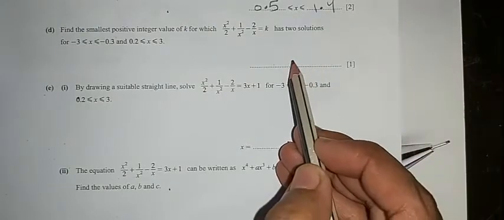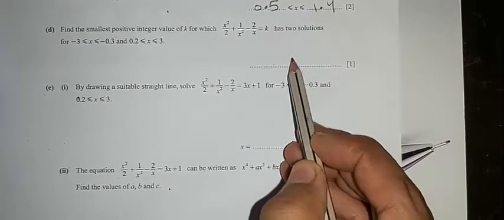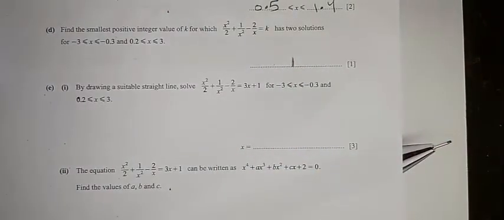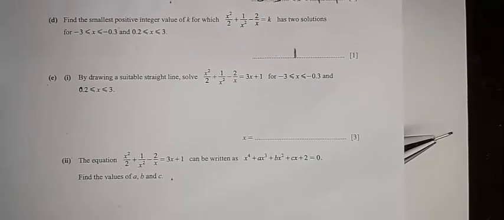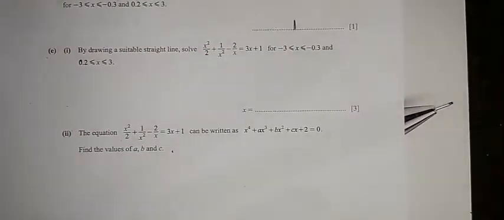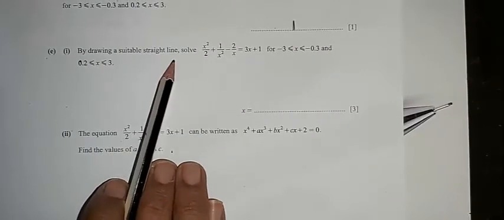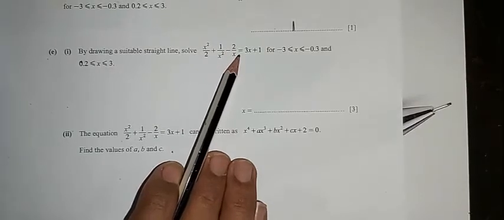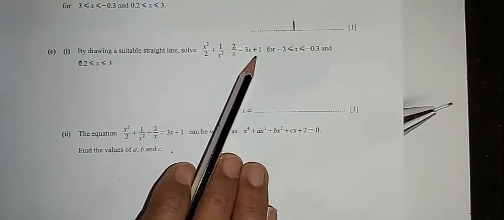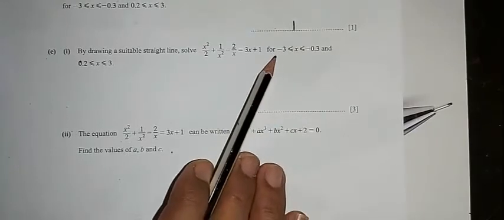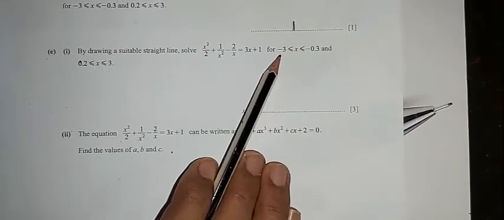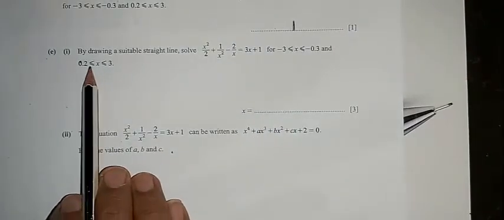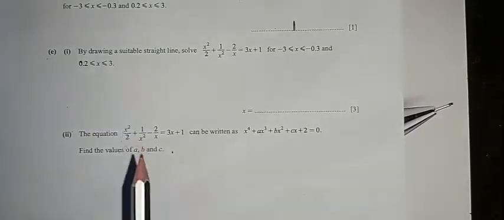It takes more time, but it explains to you how to solve this type of questions, okay. In part E, by drawing a suitable straight line, solve x squared over 2 plus 1 over x squared minus 2 over x equals 3x plus 1 for x greater than or equal to negative 3 and less than or equal to negative 0.3, and x greater than 0.2 and less than or equal to 3, okay.